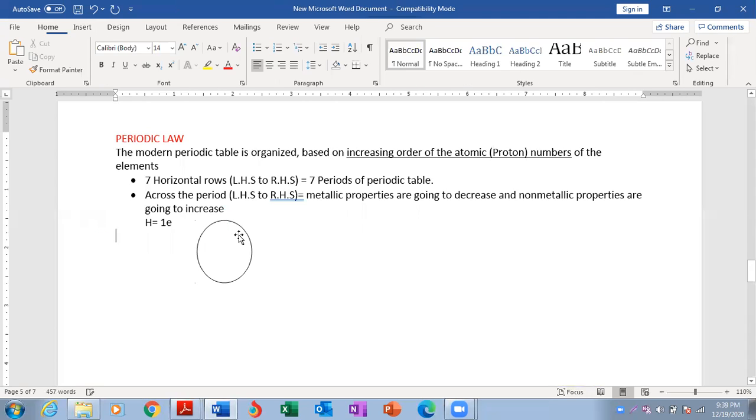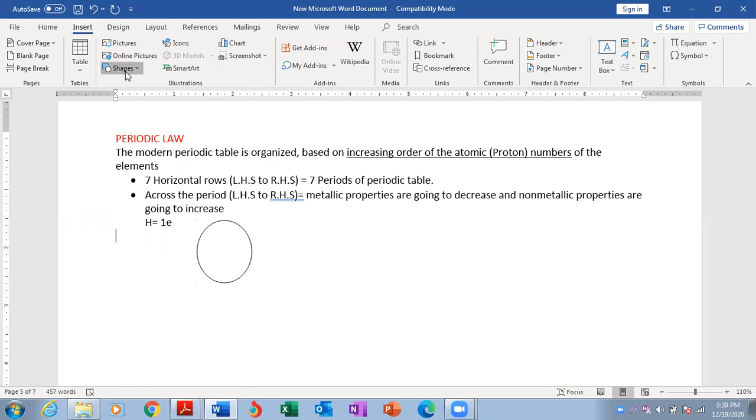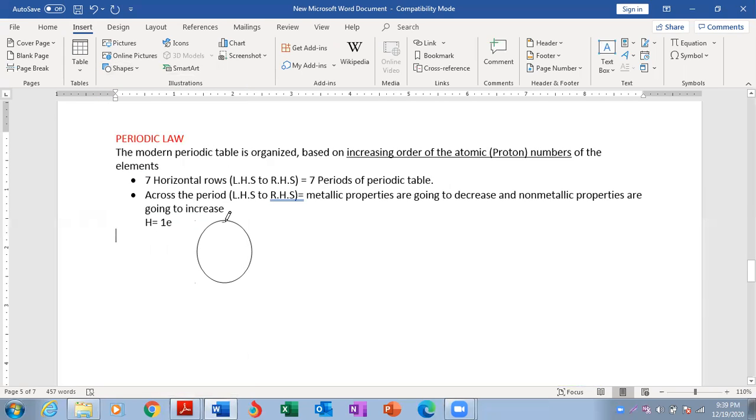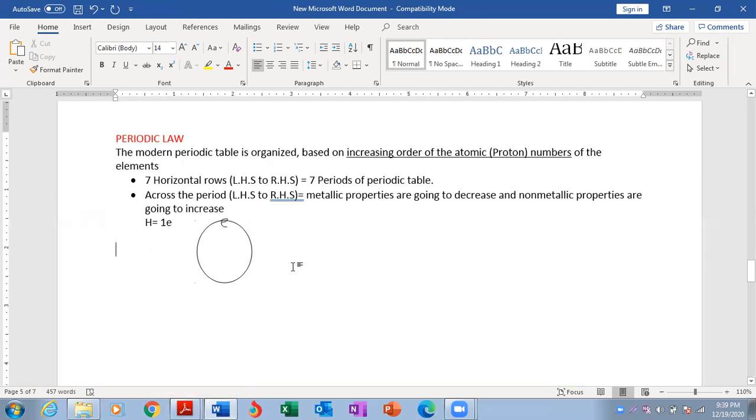Okay, I'm not going to draw the nucleus, I'm just going to draw the shells. There is only one electron. So what does it mean? It means there will be one electron, and one electron will be shifted in one shell, only one shell. This is the structure of hydrogen.